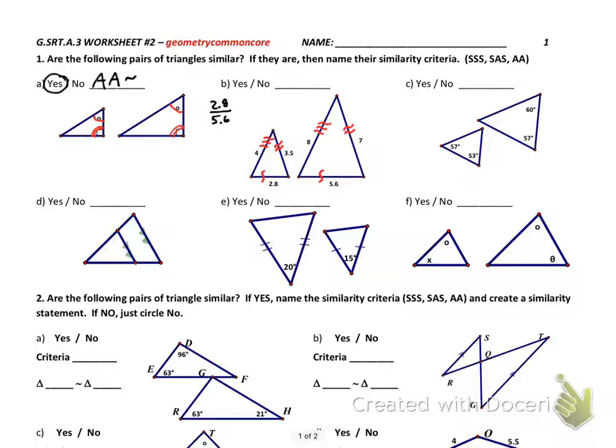Now you could flip it around as long as you keep it consistent. But I'm going to go from the smaller triangle to the bigger one. So 2.8 over 5.6. What about my medium length sides? What's my ratio going to be? 3.5 over 7. There it is. 3.5 over 7. And then the longest ones are going to be 4 over 8. The way you check proportionality, use your calculator. Divide all these, turn them into decimals, and see what decimal you get. So what's 2.8 divided by 5.6?